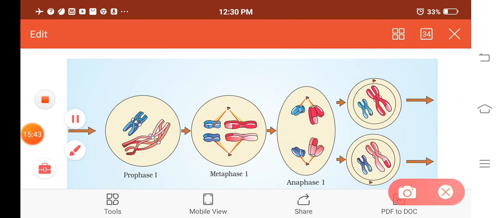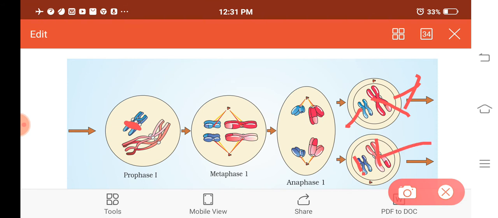This is a pair of homologous chromosomes that were shifted to the poles. Now you can see one chromosome here and another one here, and here also one blue and one red. So here total how many chromosomes were there? 4 chromosomes, 2 pairs of chromosomes, and here only 2 chromosomes, and here also 2 chromosomes. Here total how many were there? 4 chromosomes.